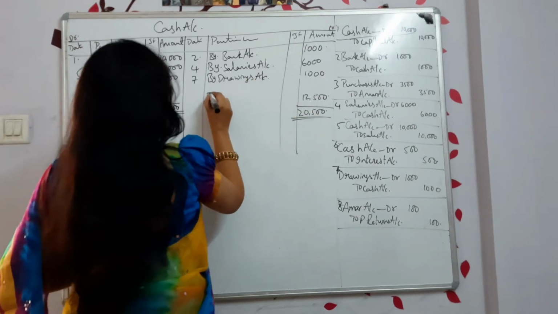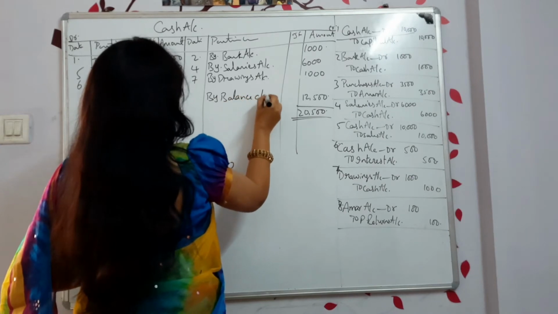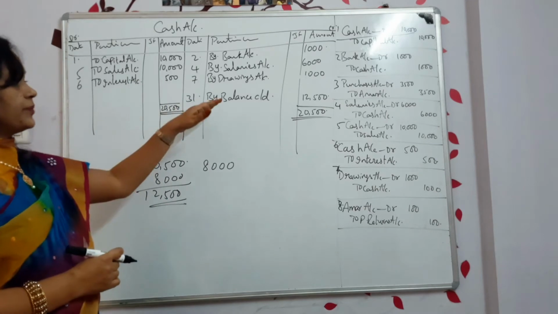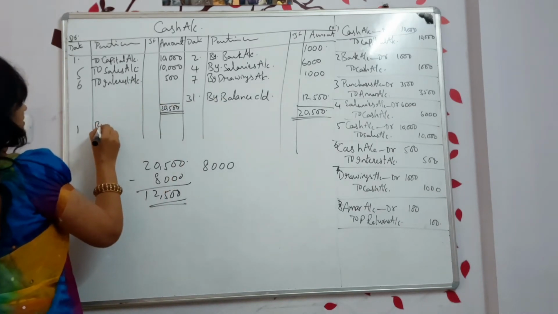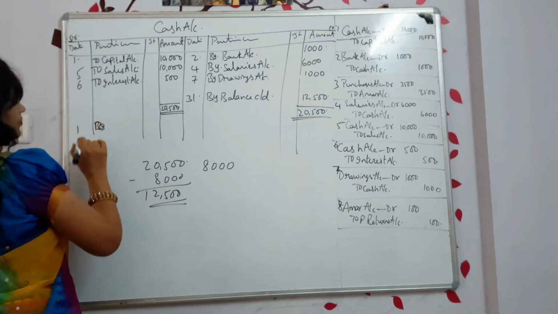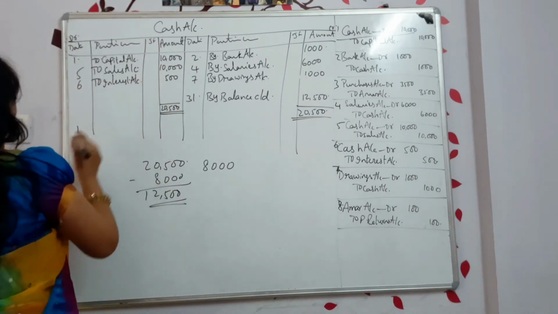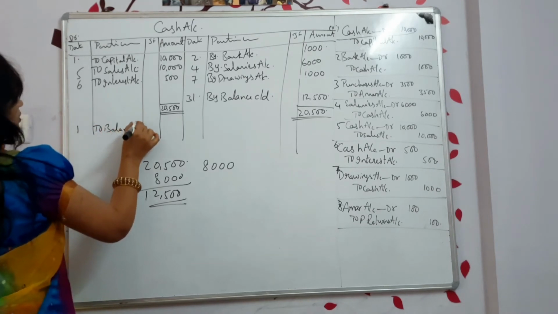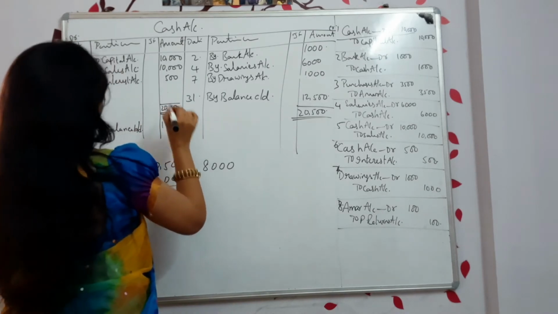So write down here, by balance carried down. Every month on the 31st we will be doing this. For the next month, first let's bring this balance here, to balance brought down, 12,500.